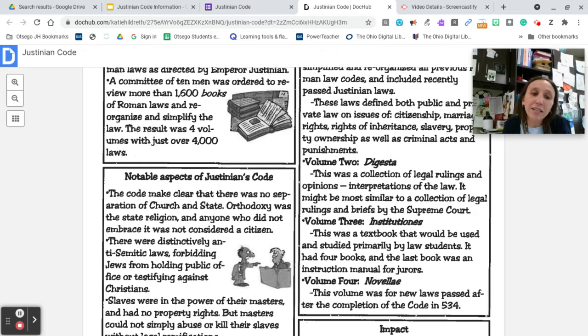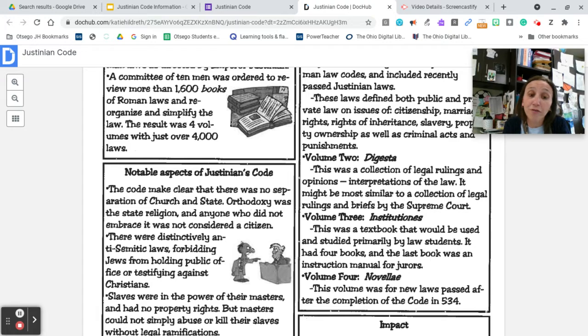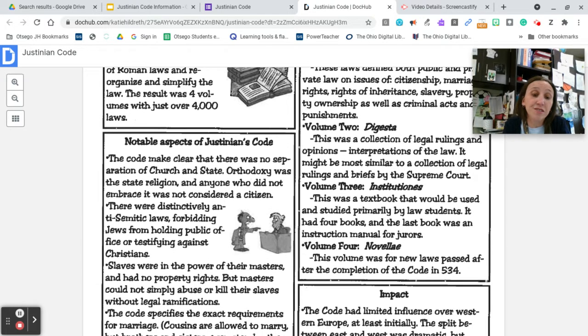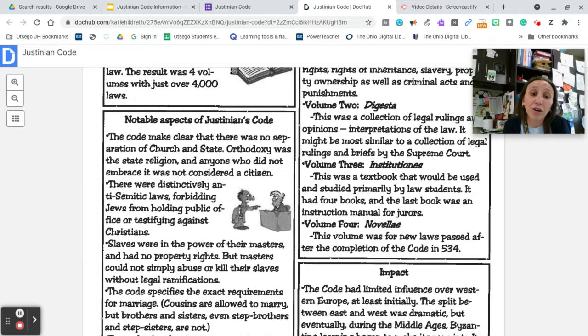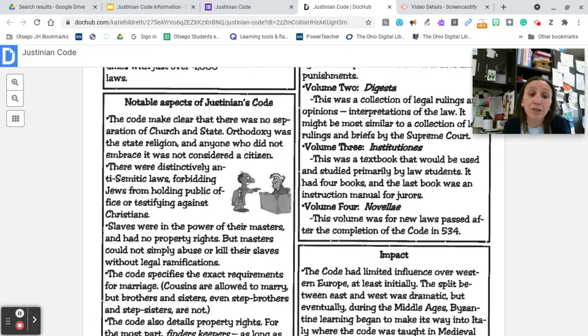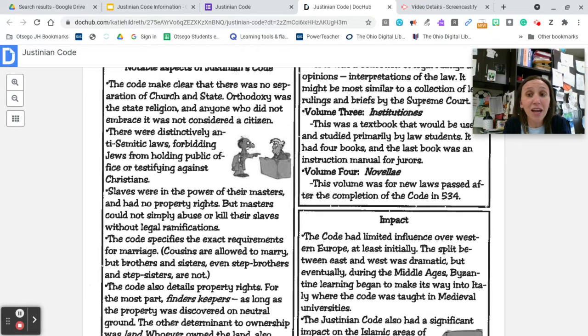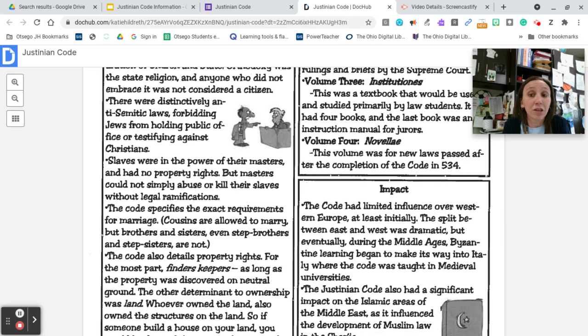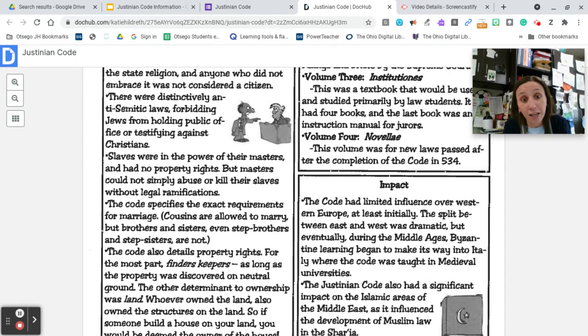There were distinctly anti-Semitic laws forbidding Jews from holding public office or testifying against Christians. Slaves were in the power of their masters and had no property rights, but masters could not simply abuse or kill their slaves without legal ramifications. So they had to respect them. Now, did they always do that? Probably not, but the law said so, and if they got caught, they could be punished.